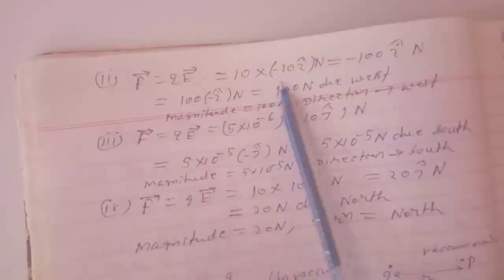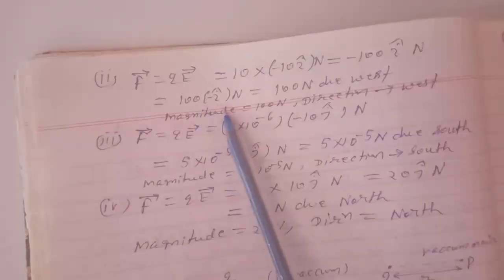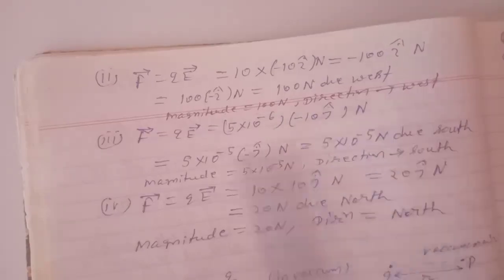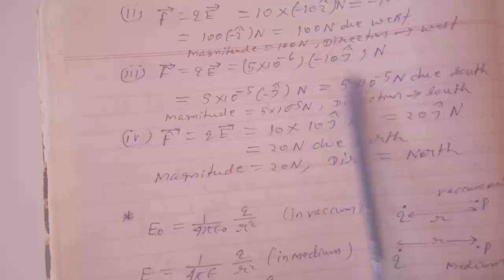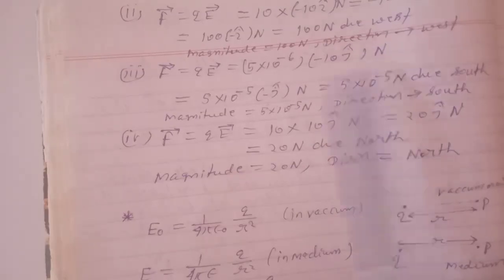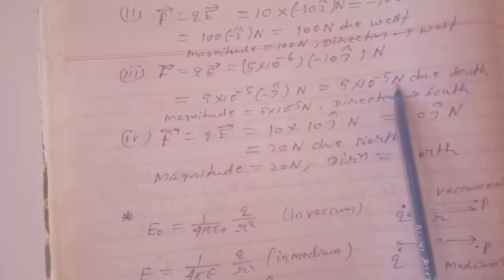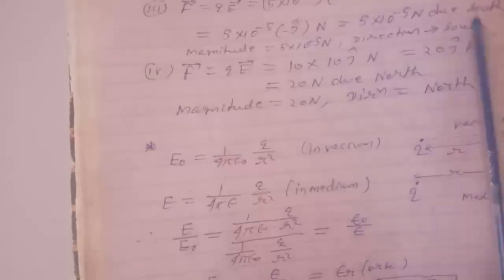So similarly, we can calculate another. Here it is shown: F vector = Q E vector = 10 × -10 i cap newton = -100 i cap newton, that is 100 newton due west. Magnitude 100 newton, direction west. Again, third: F = Q E vector = 5 × 10^-6 × -10 j cap newton, or 5 × 10^-5 newton due south, because -j represents south direction.